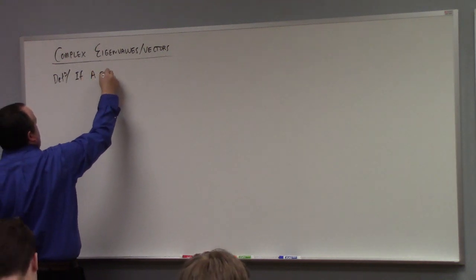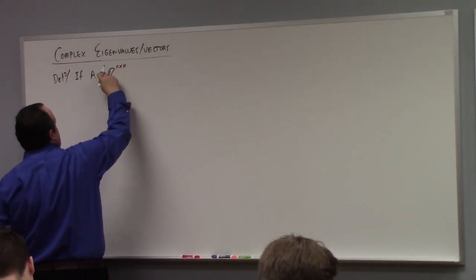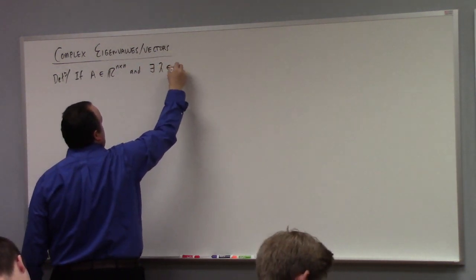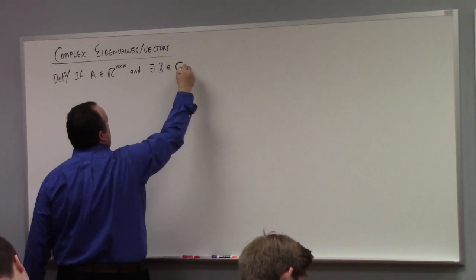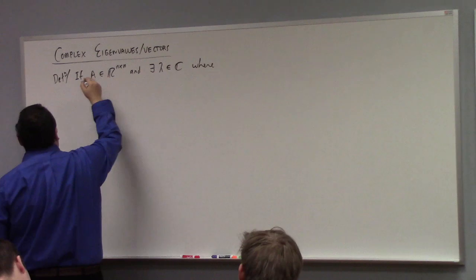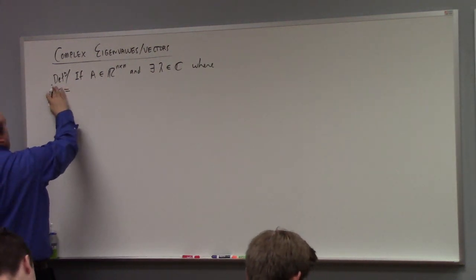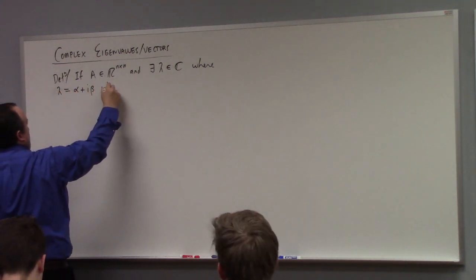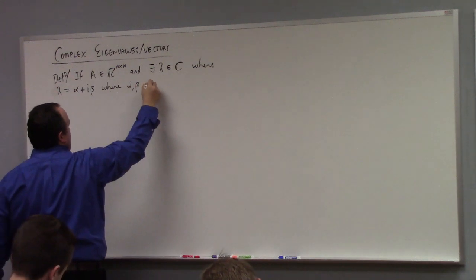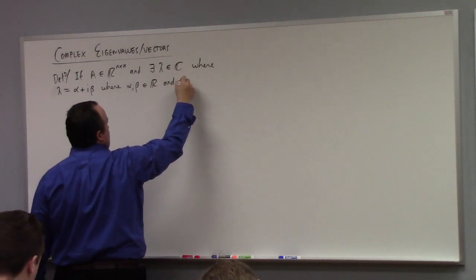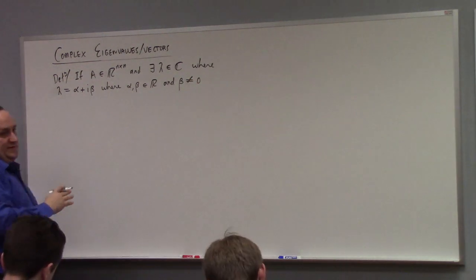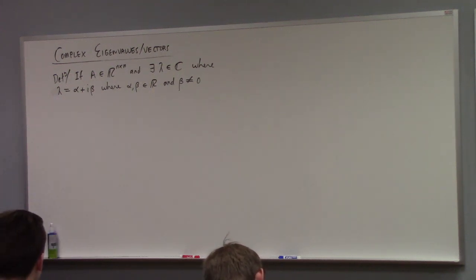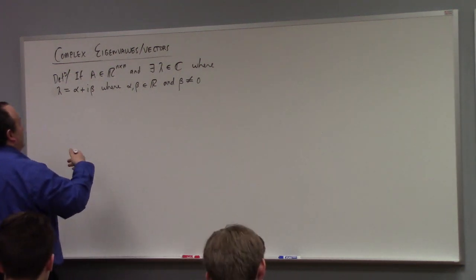If A is an n by n matrix, and there exists lambda in the complex numbers, let's say lambda is alpha plus i beta, where alpha and beta are real numbers and beta is not equal to 0. Alpha may or may not be 0. It could be 0. It doesn't have to be, all right? But beta has to be non-zero for it to be a complex eigenvalue.